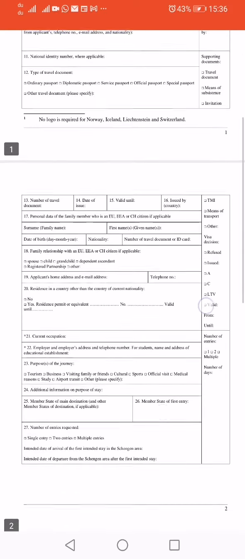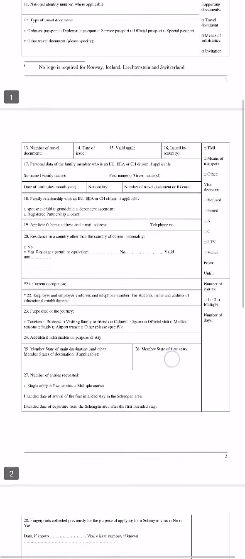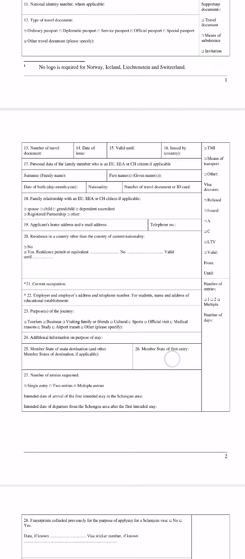Then we're going to question number 13. Question number 13 says number of travel document, so the number of the travel document that you have. Then you put the date they issued you this travel document. So let's say you have a laissez-passer, or you have another document.